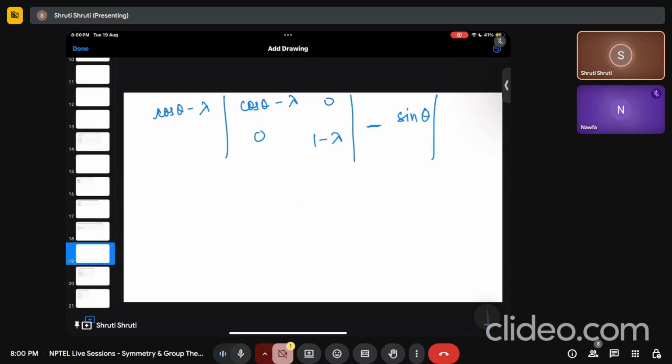Next you will have minus sine theta, 0, 0, 1 minus lambda, then plus 0 into the other things, which will be 0 only, and then equate it to 0.